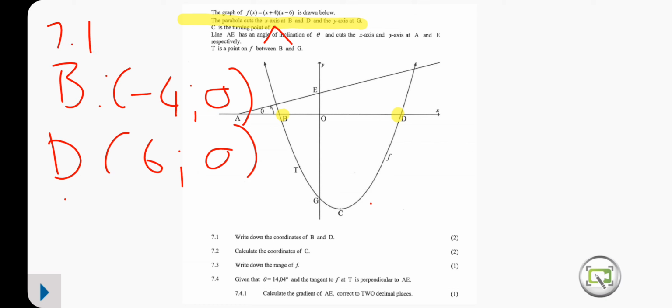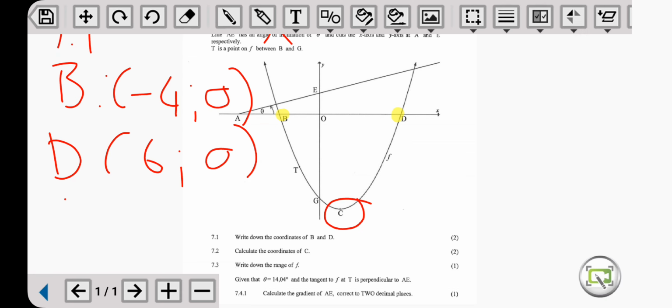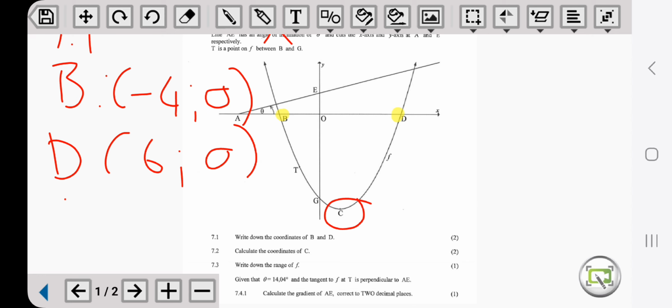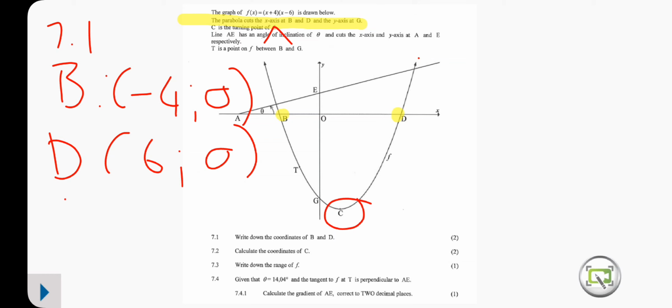7.2. Calculate the coordinates of C. Now C is our turning point, and our turning point formula is x is equal to minus b over 2a. Let's go and substitute. But before we can do that, we have to multiply those brackets out so that we can get it into our general form.